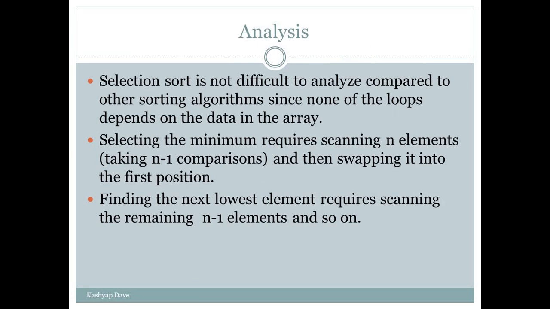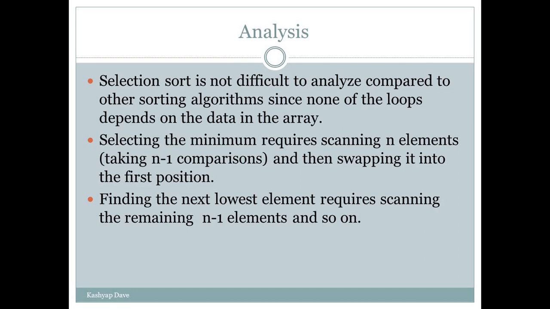Next we will see the analysis of the selection sort algorithm. Selection sort is not difficult to analyze compared to other sorting algorithms, since none of the loops depend on the data in the array. Selecting the minimum requires scanning n elements, taking n minus 1 comparisons, and then swapping it into the first position.